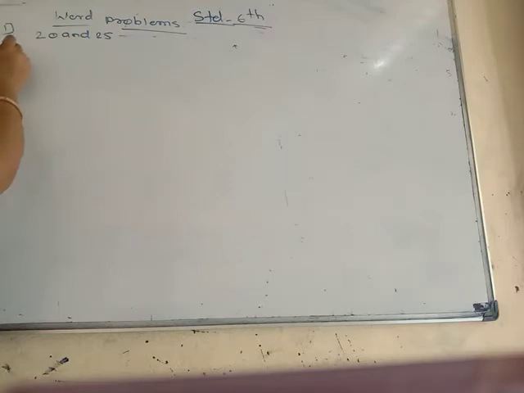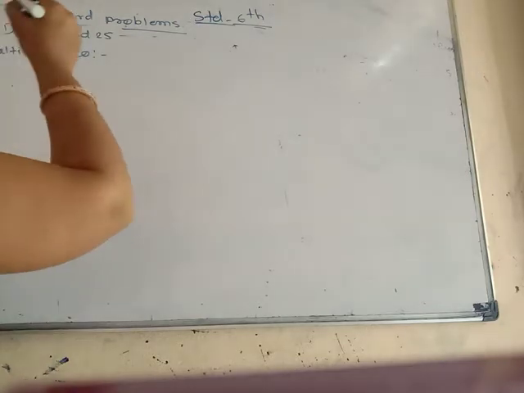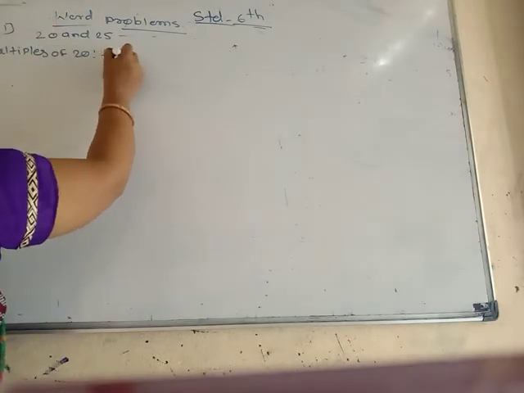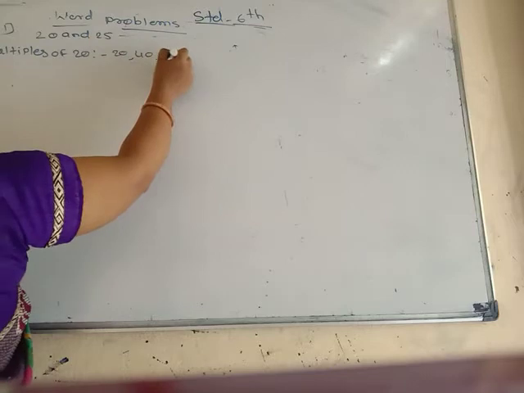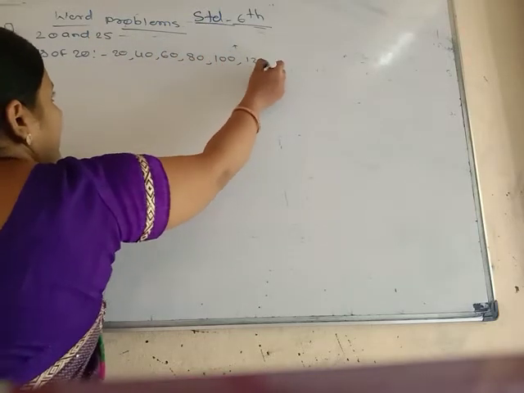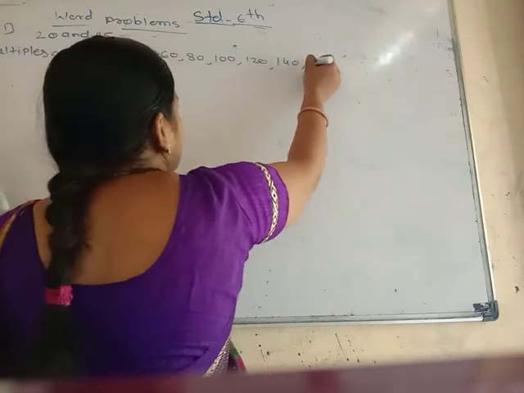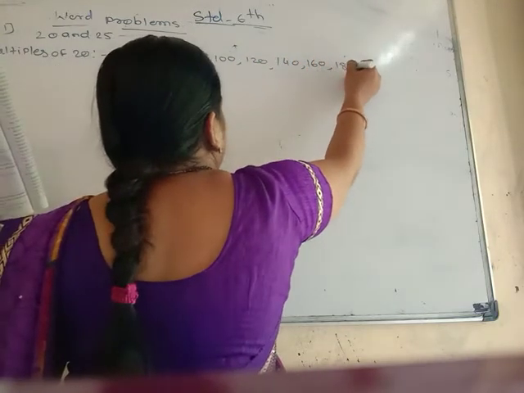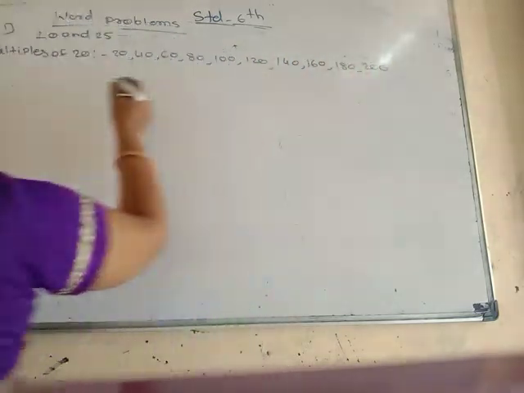Here write the multiples of 20. Write the 20 table: 20, 40, 60, 80, 100, 120, 140, 160, 180 and 200.